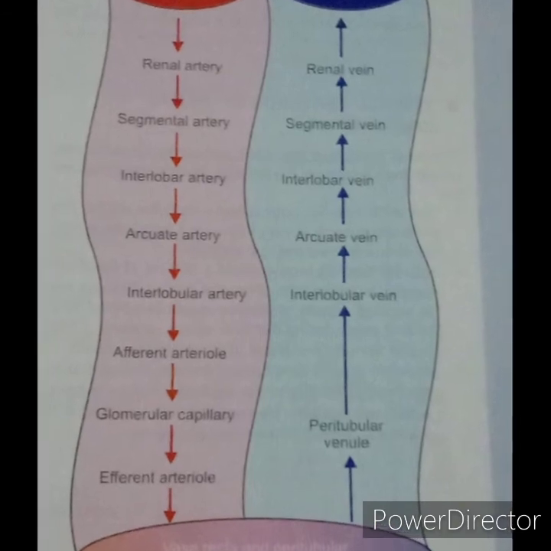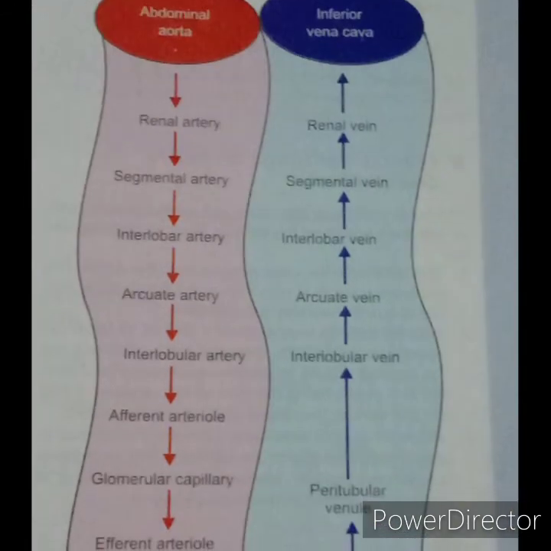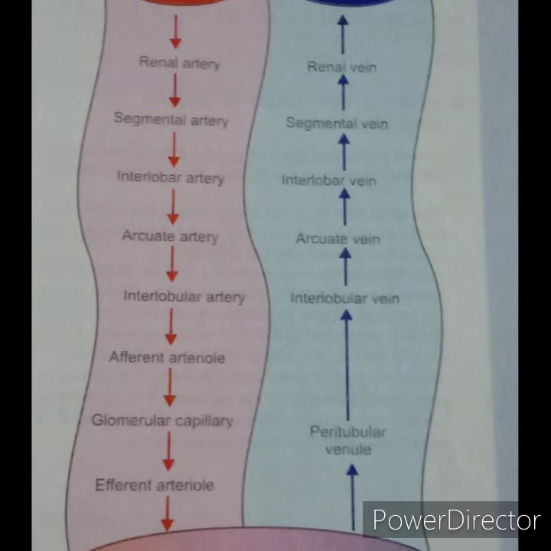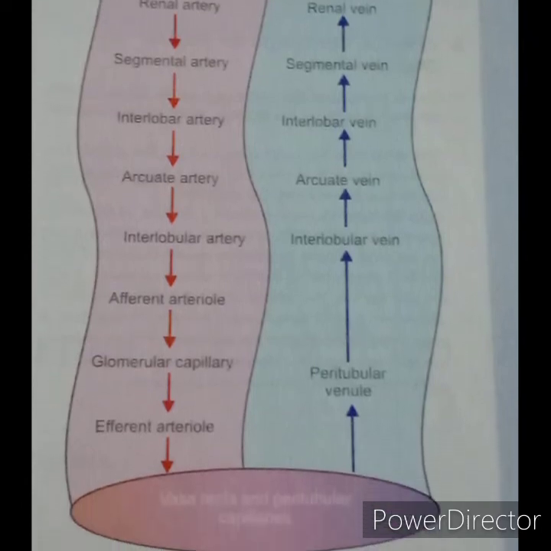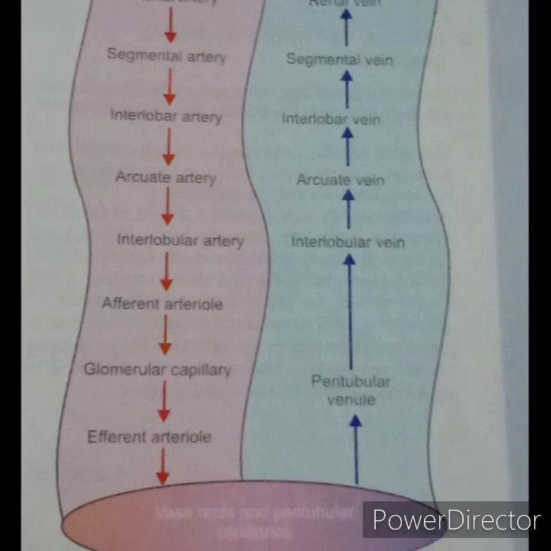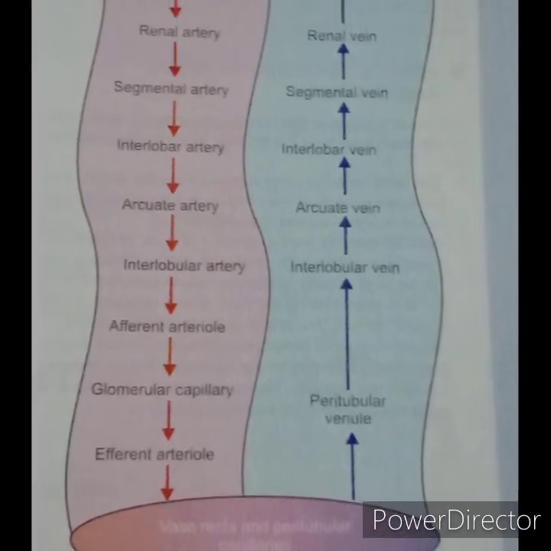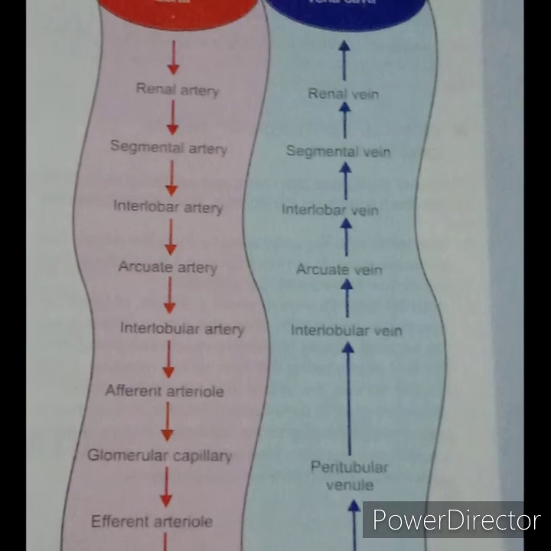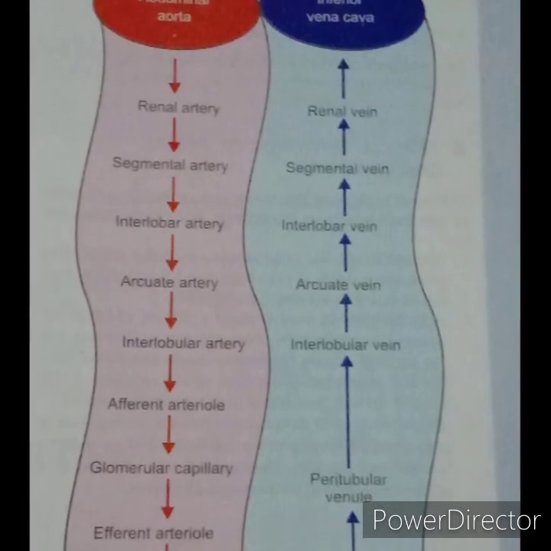The high capillary pressure augments glomerular filtration. Sixth point, the peritubular capillary forms a low pressure bed with a pressure of 8 to 10 mmHg. This low pressure helps tubular reabsorption.